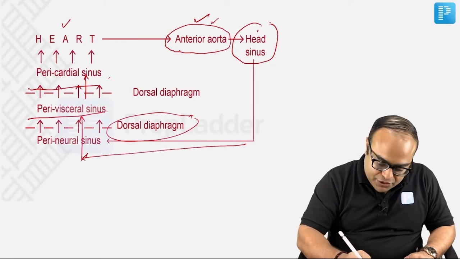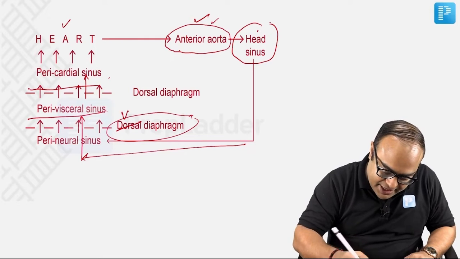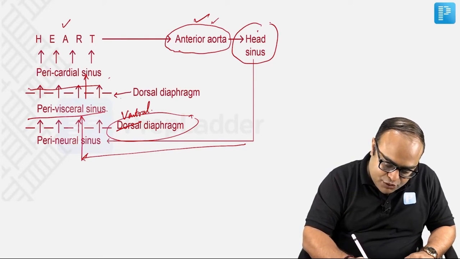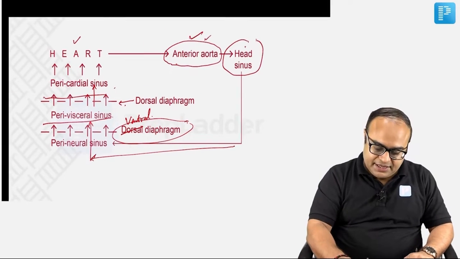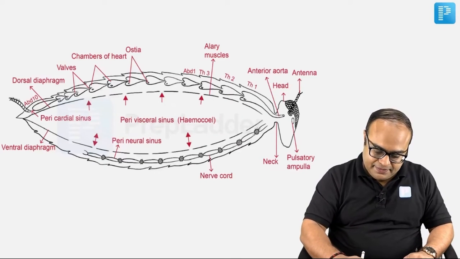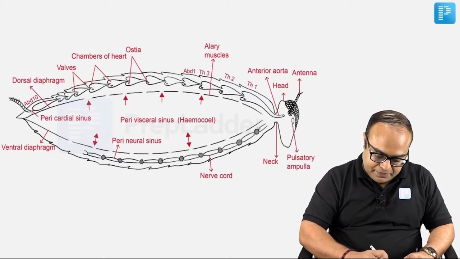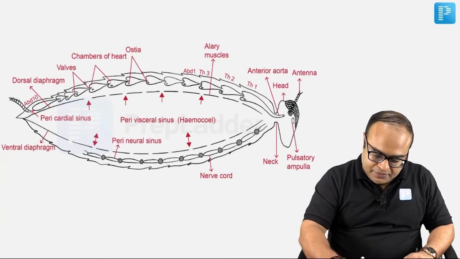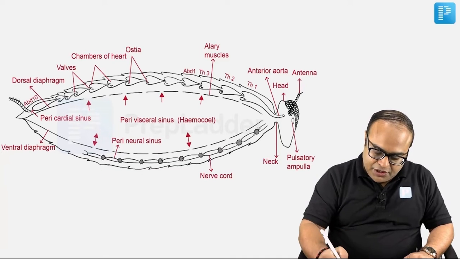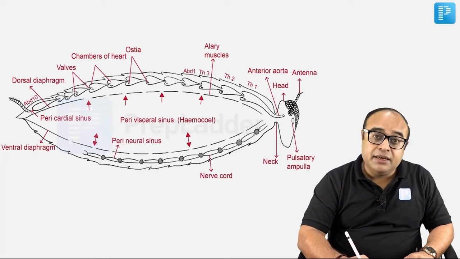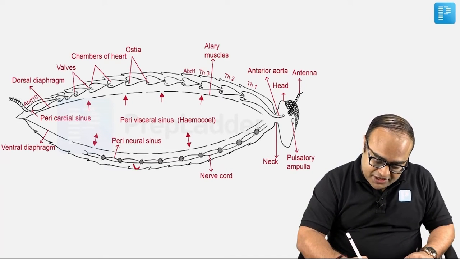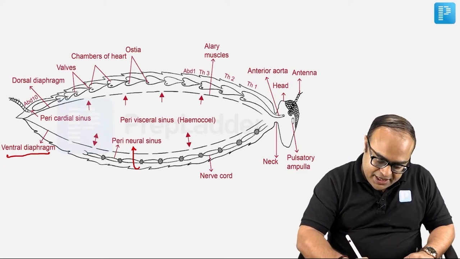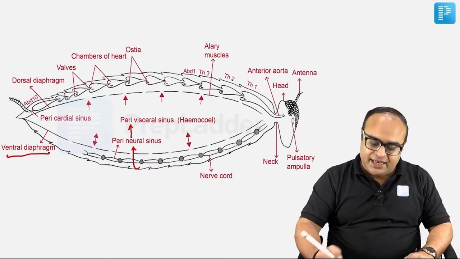Okay. So this is the ventral diaphragm and this seems to be the dorsal diaphragm. Just have a look at it. Blood from the perineural sinus through the ventral diaphragm, see, this was the ventral diaphragm, is reaching the perivisceral sinus.